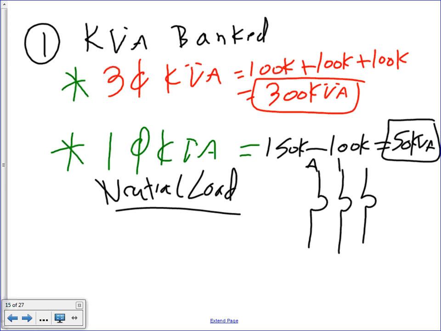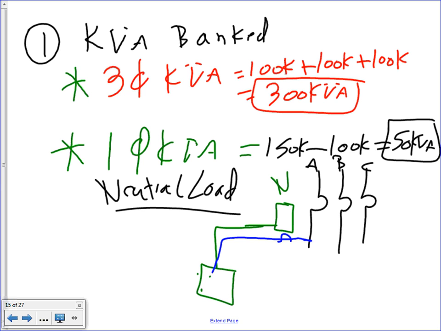So here's phase A, phase B, phase C. And here's my neutral. Let's just put my neutral here. So now I have my neutral for a receptacle in here, and I can take my neutral like we said here, and I'm going to take it from here and go to phase A.